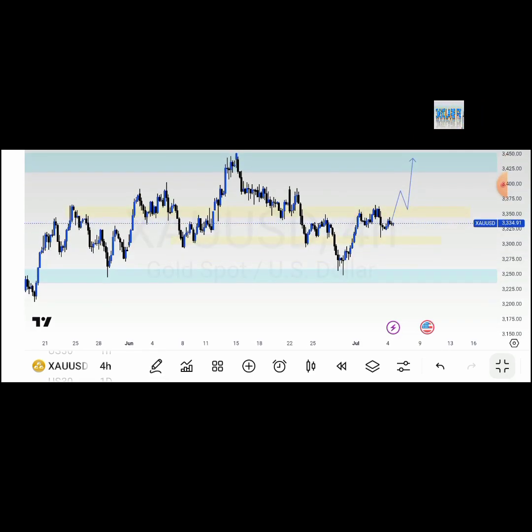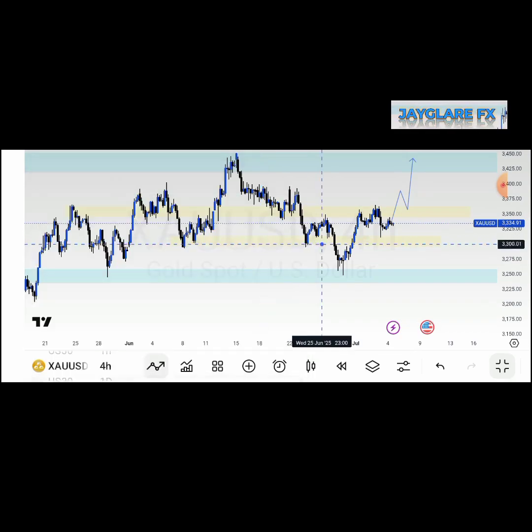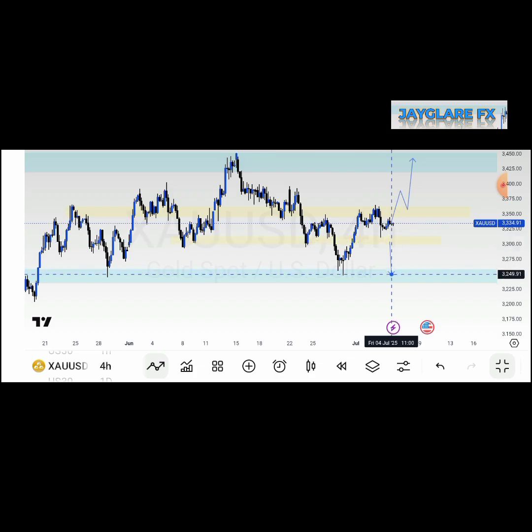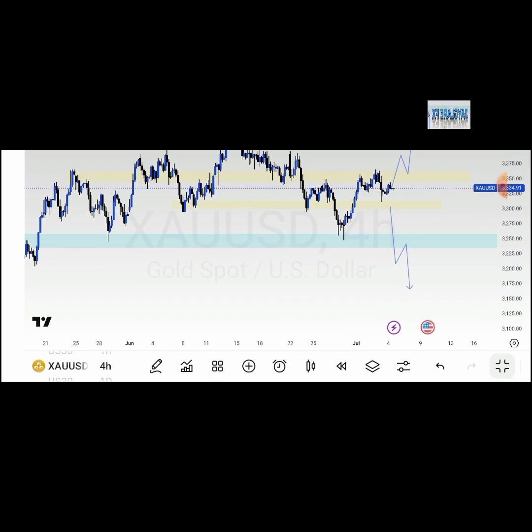However, if the market breaks this place and retests, then I'm going to sell gold. If the market breaks here and retests down, I'm going to sell gold from this point downwards, right?